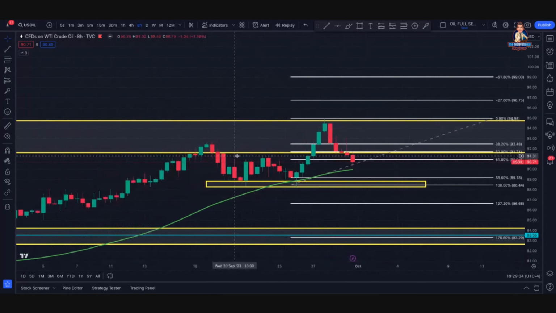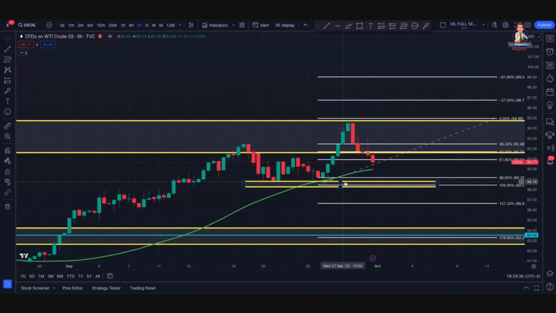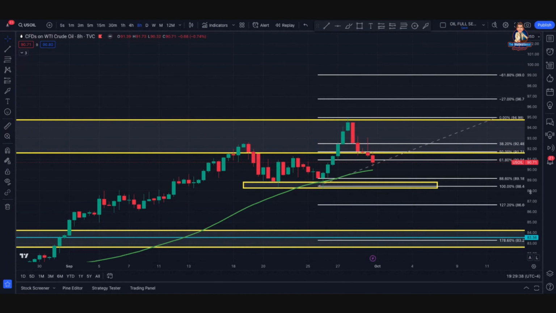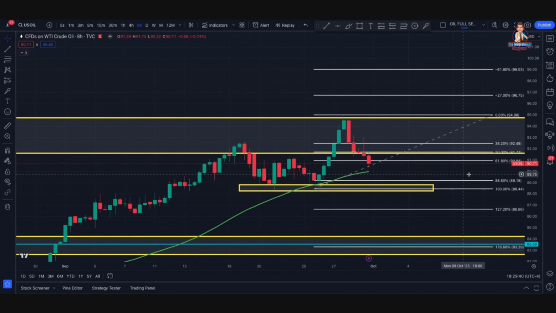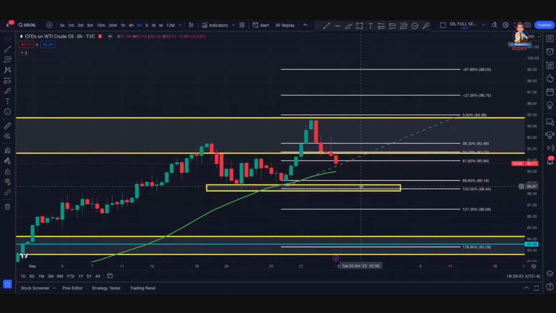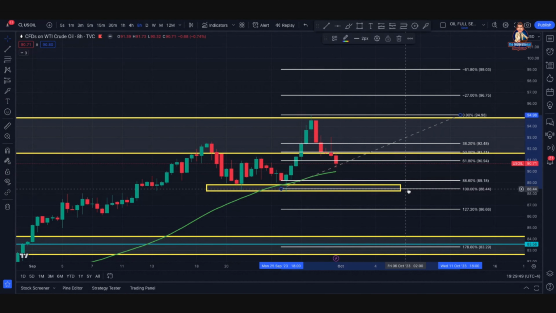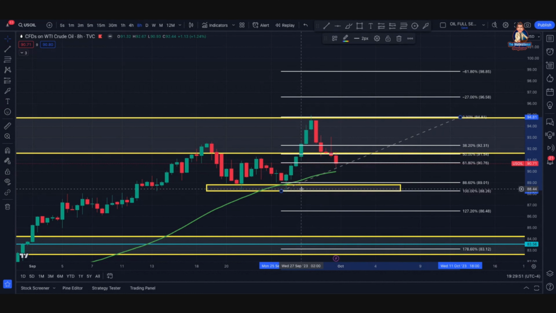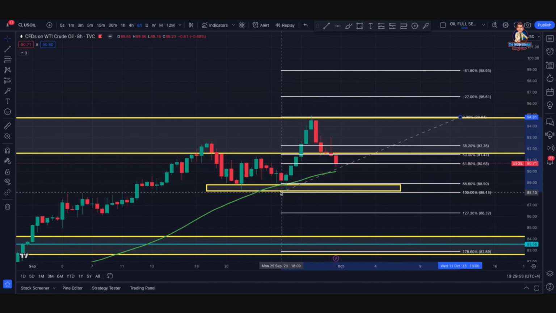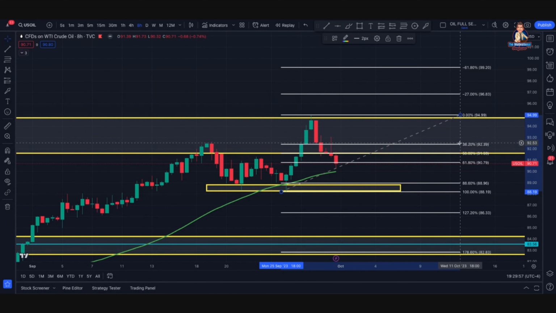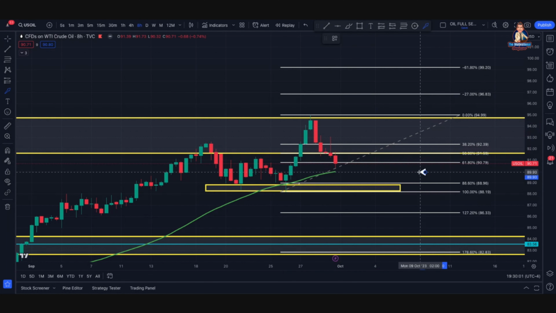If we look at the 8-hour, we can see that things begin to change a little bit. If we adjust these fib levels by just a little bit, moving this fib level down to this wick and fixing this one at the top here, this is where the magic begins to happen if you take the time.